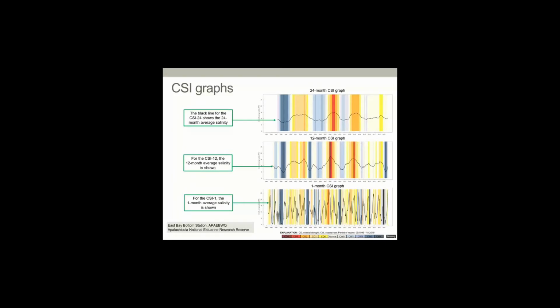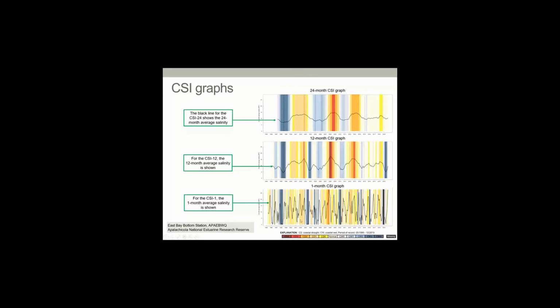The Coastal Salinity Index can be computed for multiple time intervals to characterize short, medium, or long-term conditions. Here we have 3 graphs showing the Coastal Salinity Index: 1 month CSI graph on the bottom, 12 months in the center, and 24 months at the top. Along the y-axis is the average salinity concentration in parts per thousand.